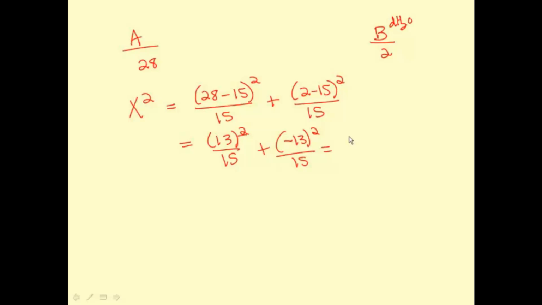So 169 over 15 plus 169 over 15 equals 338 divided by 15 equals 22.5333. So 22.5.